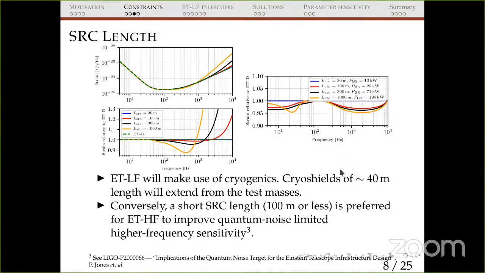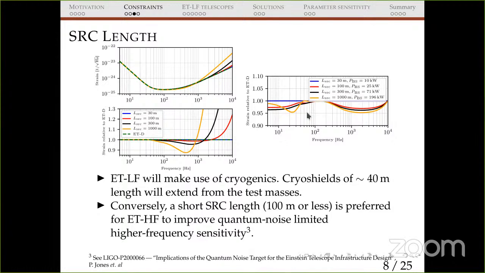These figures were taken from the paper, and this first one shows the degradation in sensitivity compared to the initial ET design curve for various increased SRC lengths.